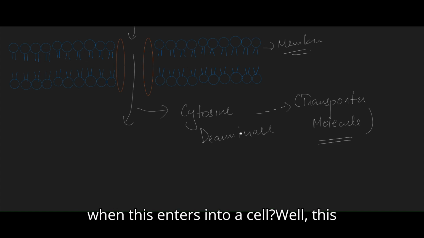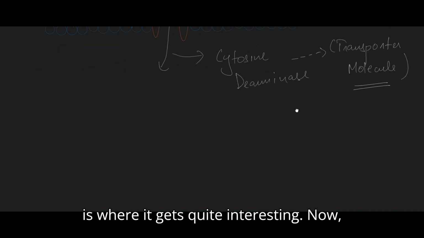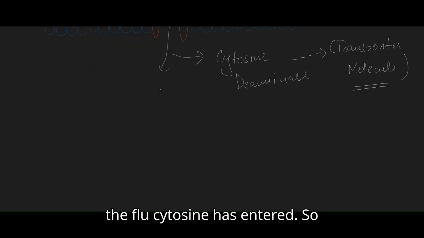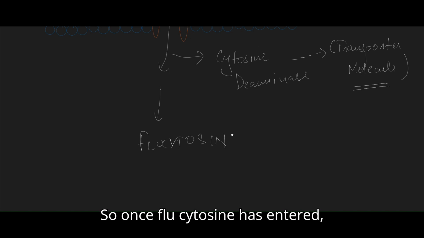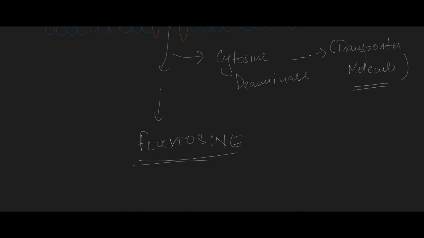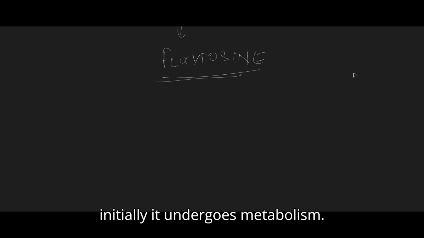So what happens when this enters into the cell? Well, this is where it gets quite interesting. Now, the flucytosine has entered, okay? So once flucytosine has entered, initially it undergoes metabolism.